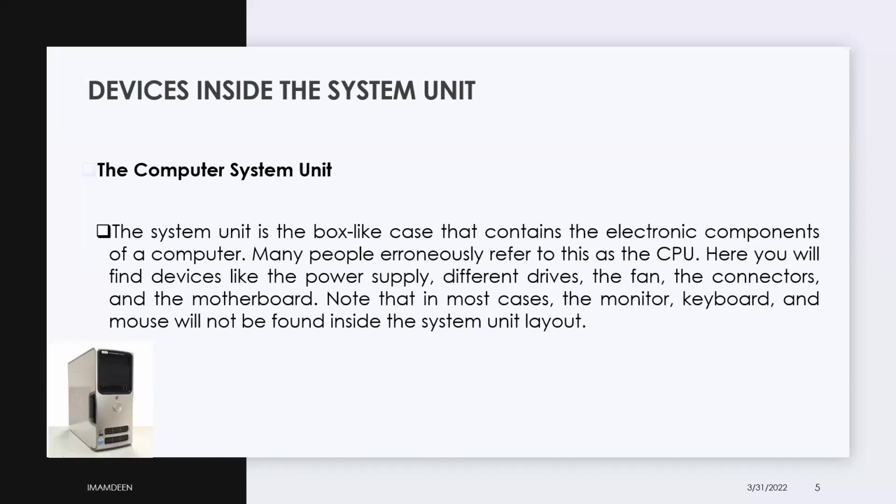So the mouse and monitor are outside the system unit. Inside the system unit, we will see what things we have. Did you people understand?